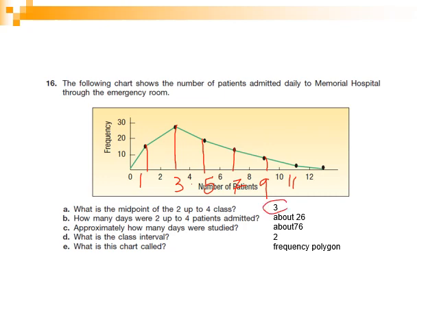How many days were 2 up to 4 patients admitted? Now, remember again, we have the requirement or the question information on the horizontal axis, so we will get the answer from the vertical axis.